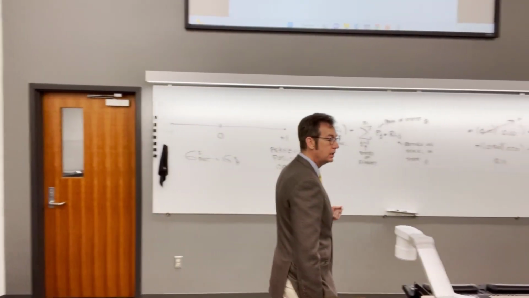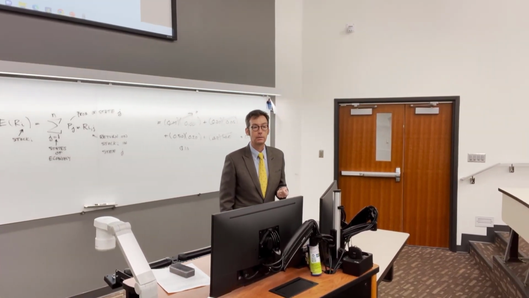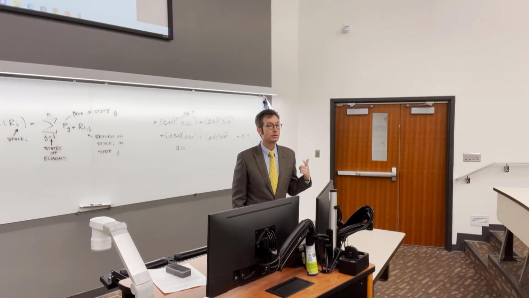XA squared times the variance of A plus XB squared times the variance of B plus XC squared times the variance of C plus 2 XA XB covariance of A with B plus 2 XB XC covariance of B with C plus 2 XA XC covariance of A with C. You can see this thing gets nastier and nastier as we add additional assets to the portfolio. So no, we don't use this formula in the real world to find the variance of a portfolio. We'll use some mathematical means that I'll show you.